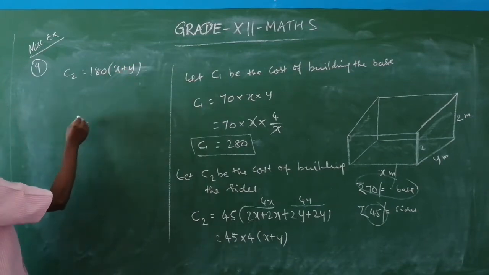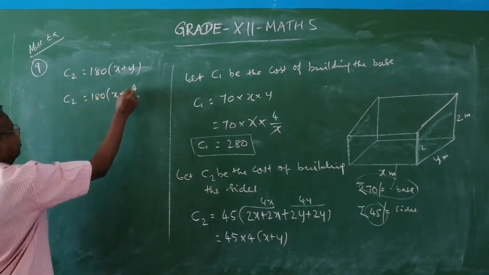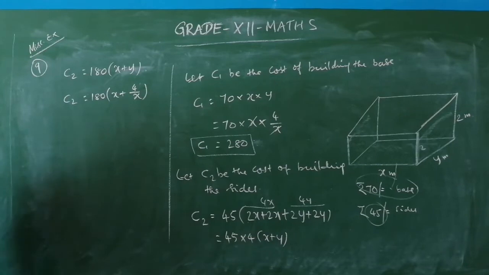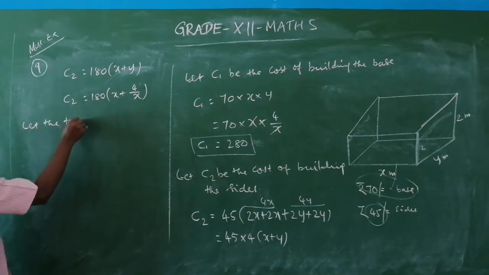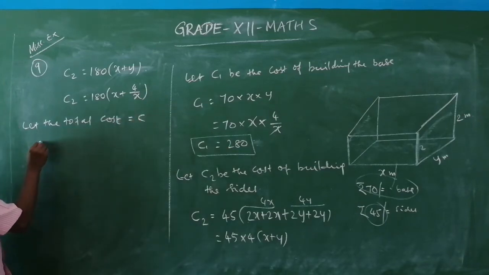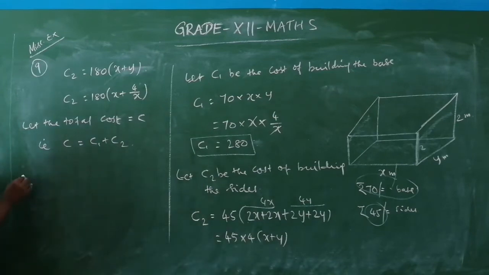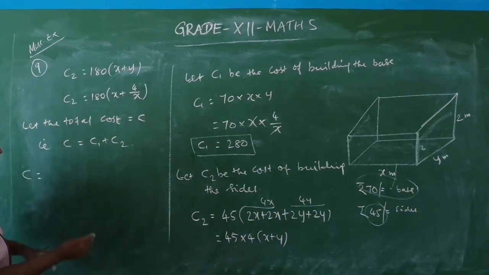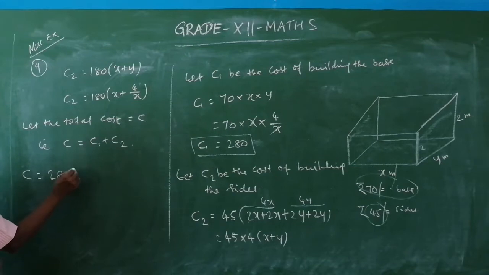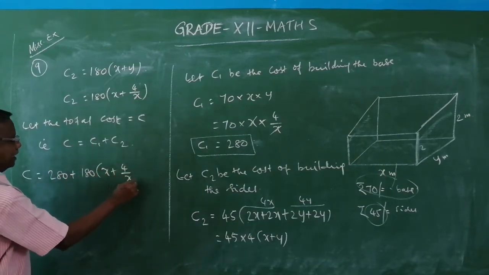Now recall the value of y, that is C2 = 180(x + 4/x). Now let the total cost equal C, that is C = C1 + C2. Therefore C = 280 + 180(x + 4/x).